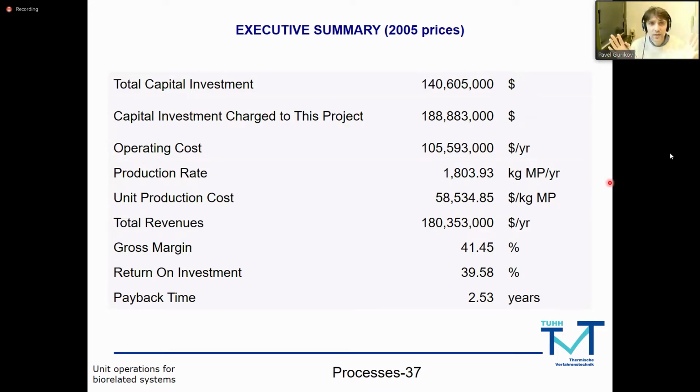We're not talking about capital investment now, just operating costs.